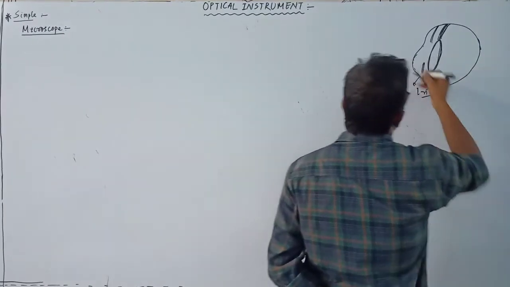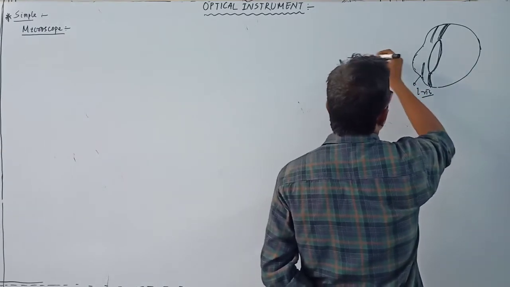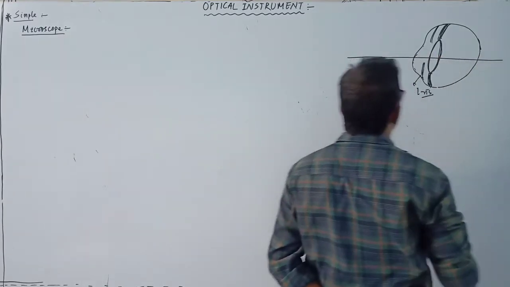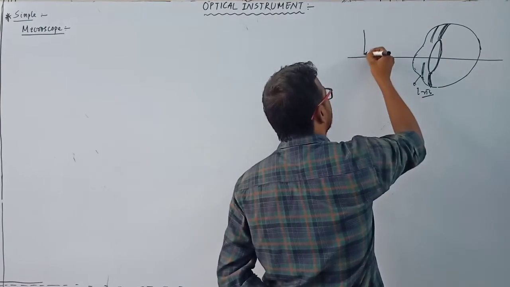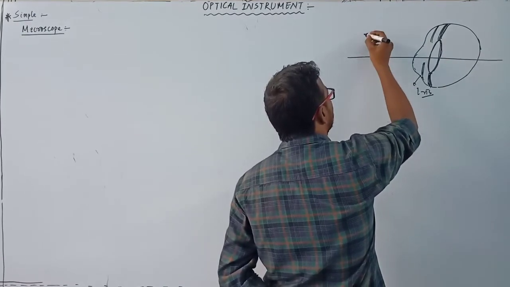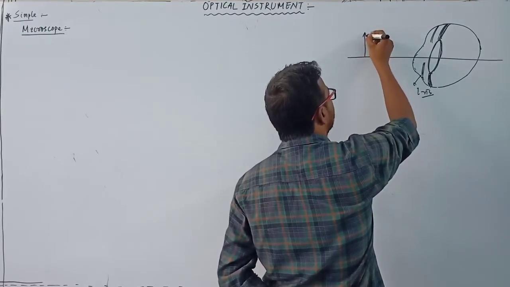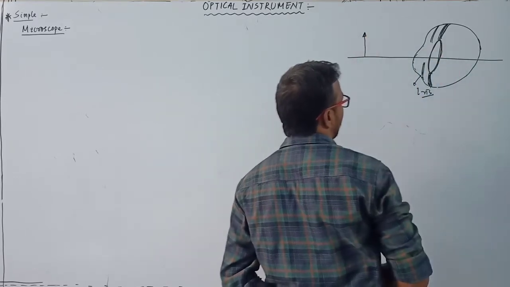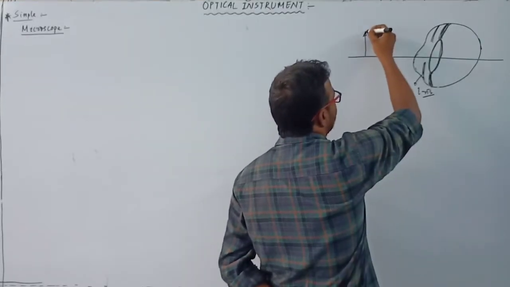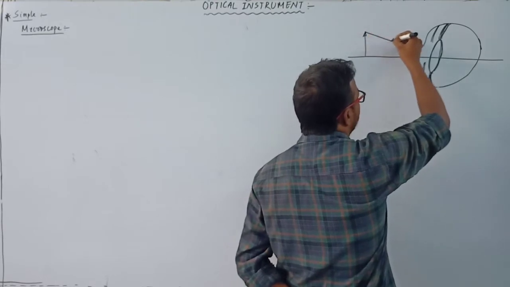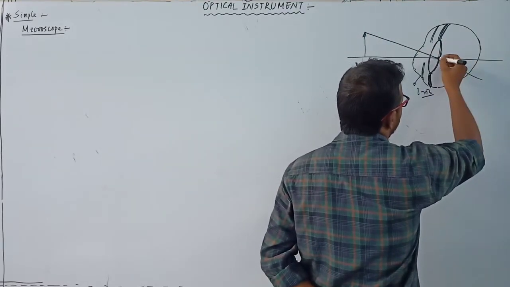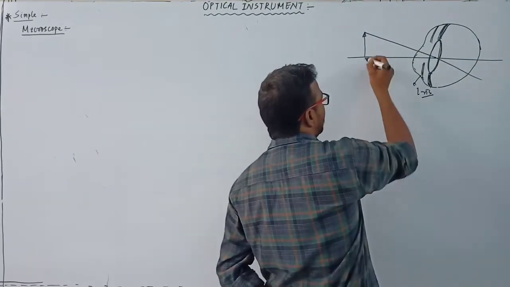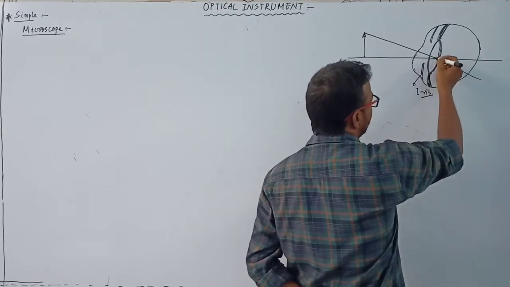Clear? Okay. Suppose this is the principal axis. Now there is an object lying on the principal axis, a little away from the eye, and a ray travels in this direction through the optical center. Clear? And another ray travels in this direction and meets at this point.